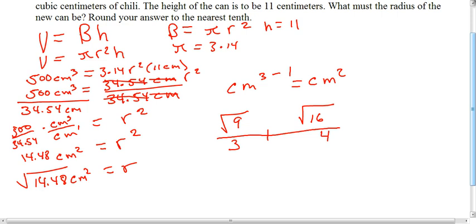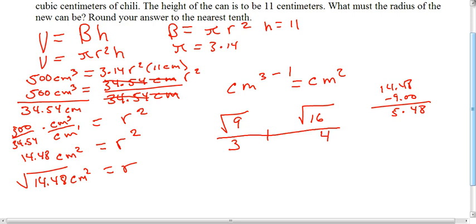So if I subtract 9 from 14.48, I will get roughly 5.48.